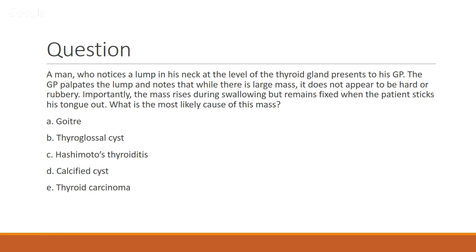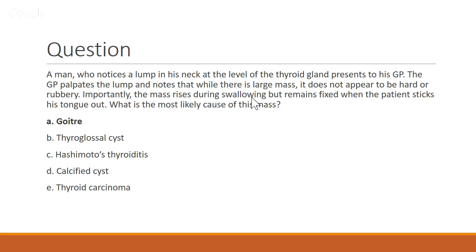Yeah, it's A. This is a buzzword for Hashimoto's. You learned in your anatomy that if a mass rises during swallowing, it's either a goiter or a thyroglossal cyst. Thyroglossal connects the thyroid and the tongue.